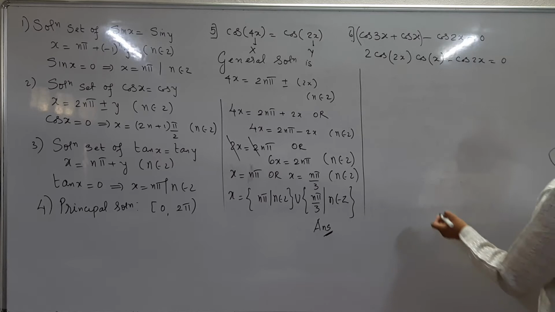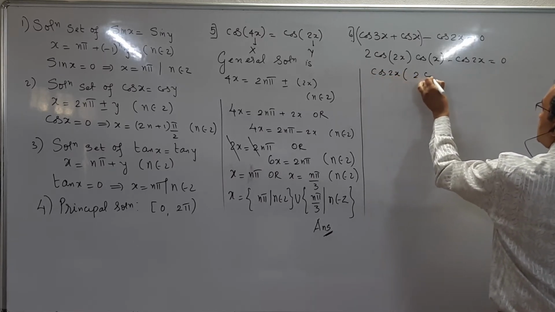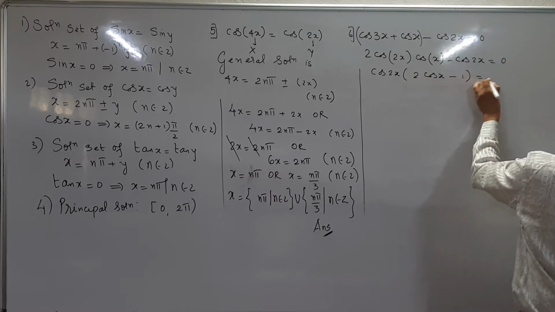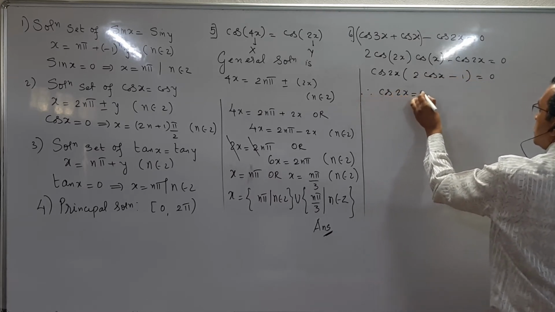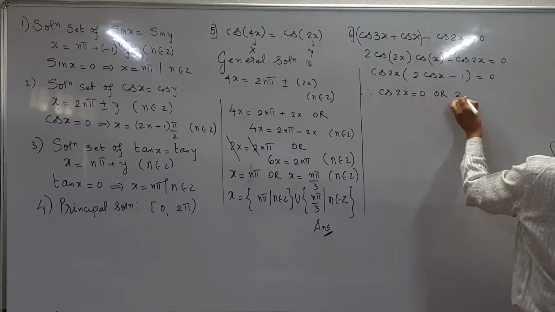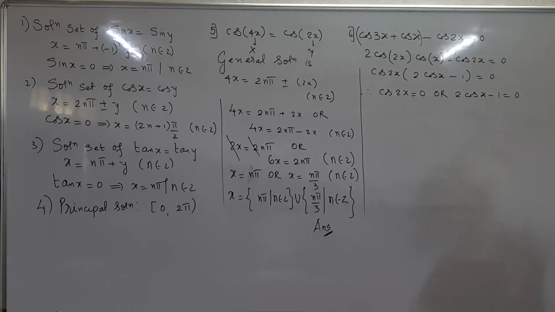What is common? Cos 2x. So what remains? Twice cos x minus 1 is equal to 0. Therefore, cos 2x is equal to 0, or 2 cos x minus 1 is equal to 0.